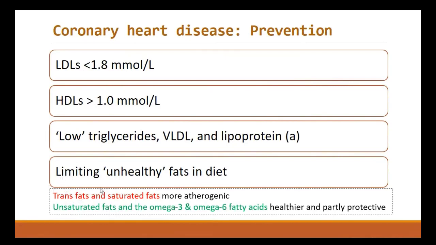Trans fats and saturated fats are unhealthy fats. They are more atherogenic. On the other hand, unsaturated fats, omega-3 and omega-6 fatty acids, are healthier and partly protective. So this is the dietary advice that you'll provide to patients who are prone to develop coronary heart disease.